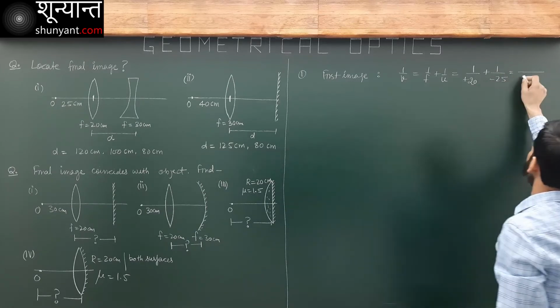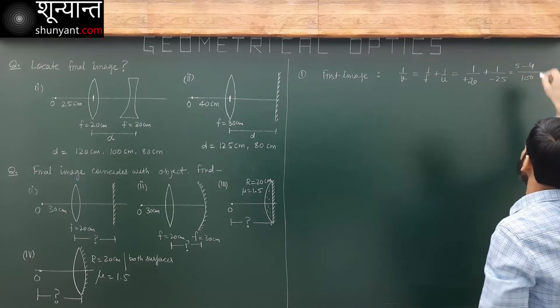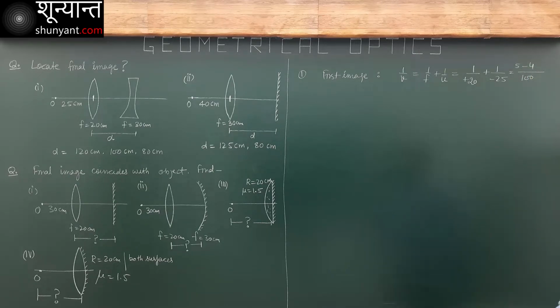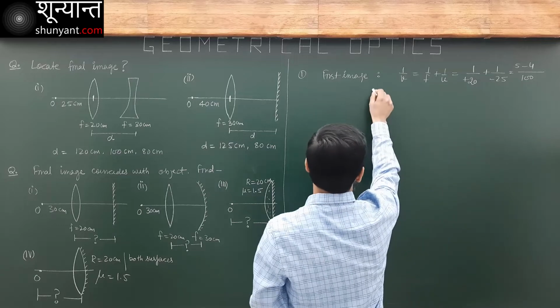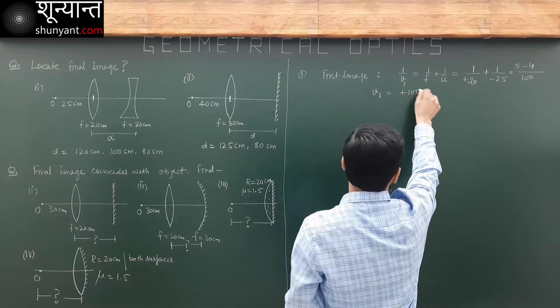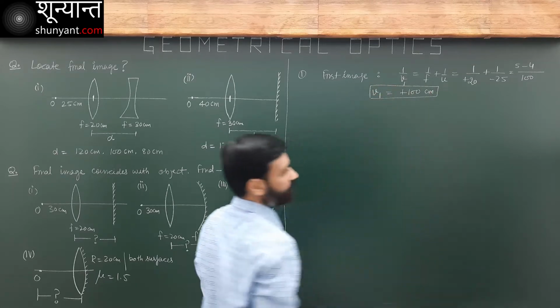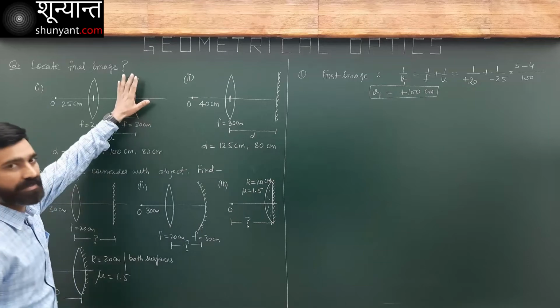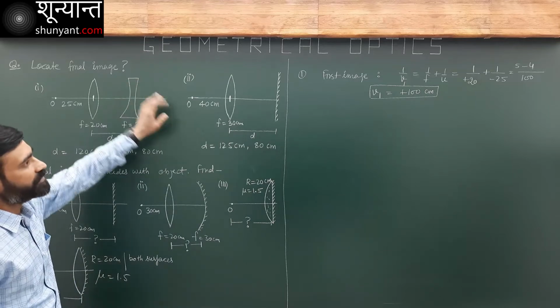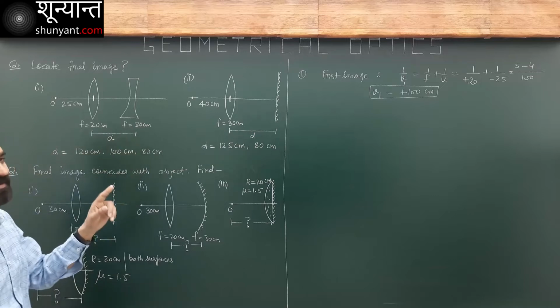So I can take 100 here, and this becomes 5 minus 4 over 100. So what is the first image? V1 is equal to plus 100 centimeter. If I do not have the second lens, I am going to get my first image here, 100 centimeter, in all the cases, no matter what the separation is.